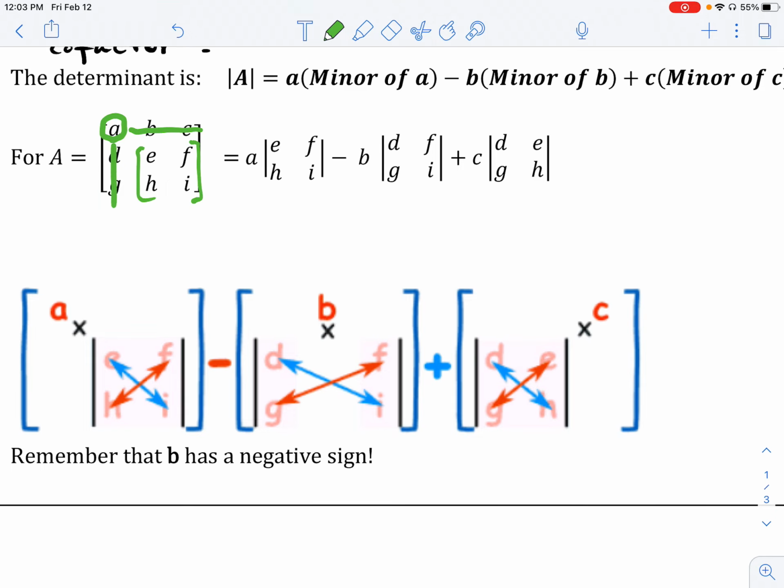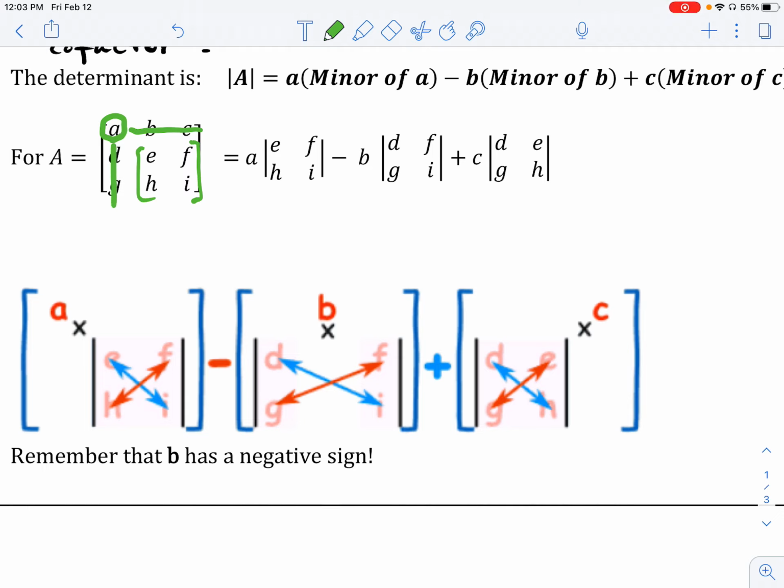So what you're going to do is find the determinant of this leftover EFHI matrix. And again, the notation, when you have these bars, not these brackets, but these bars around a matrix, that's to indicate that we're going to be finding the determinant of this.